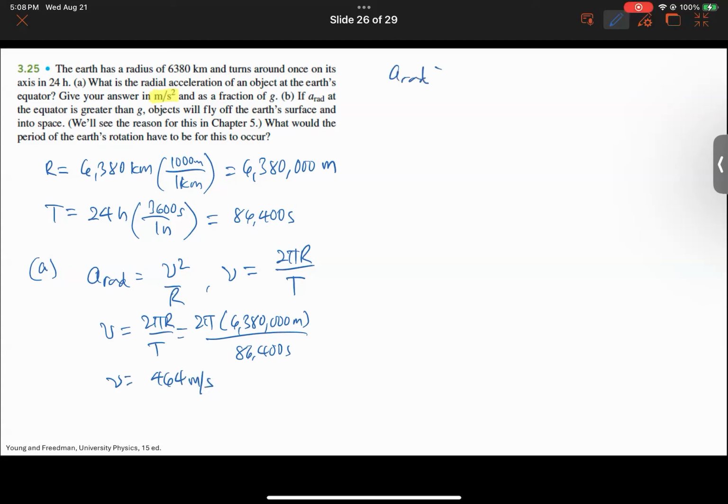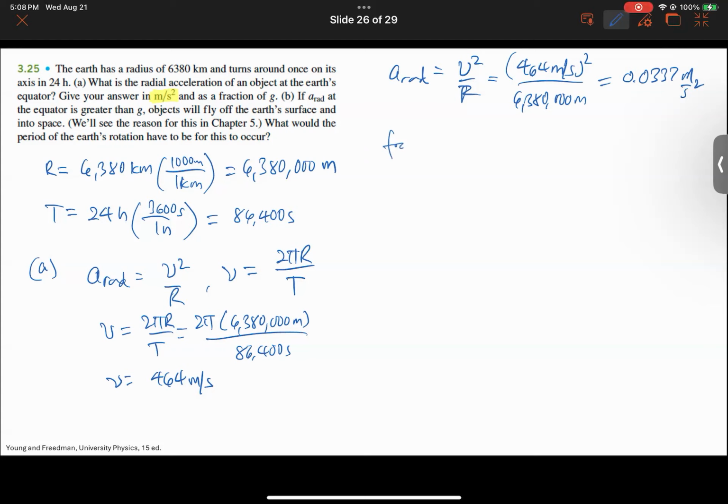The radial acceleration is v squared over r, so 464 meters per second squared divided by 6,380,000 meters. This will be 0.0337 meters per second squared.